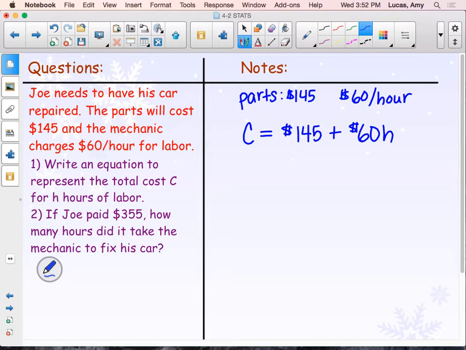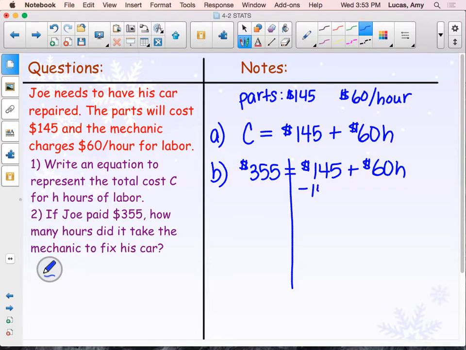Okay, now in part 2, if Joe paid $355, how many hours did it take the mechanic to fix his car? So for part B, we know the cost is $355. So that goes on the left-hand side, and then we need to solve the equation to find out how many hours it takes. So I can subtract the parts on both sides. And that leaves me with $210.